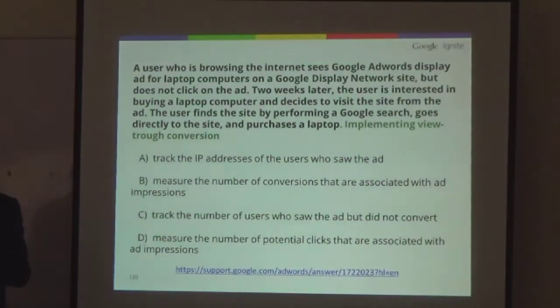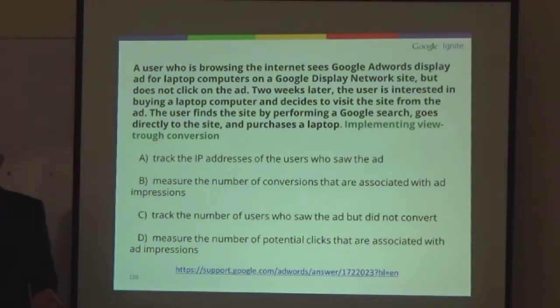All right, last question here, which is quite a bit long. A user who's browsing the internet sees a display ad for laptop computers on a Google Display Network site, but does not click on the ad. He saw the ad, but he does not click.